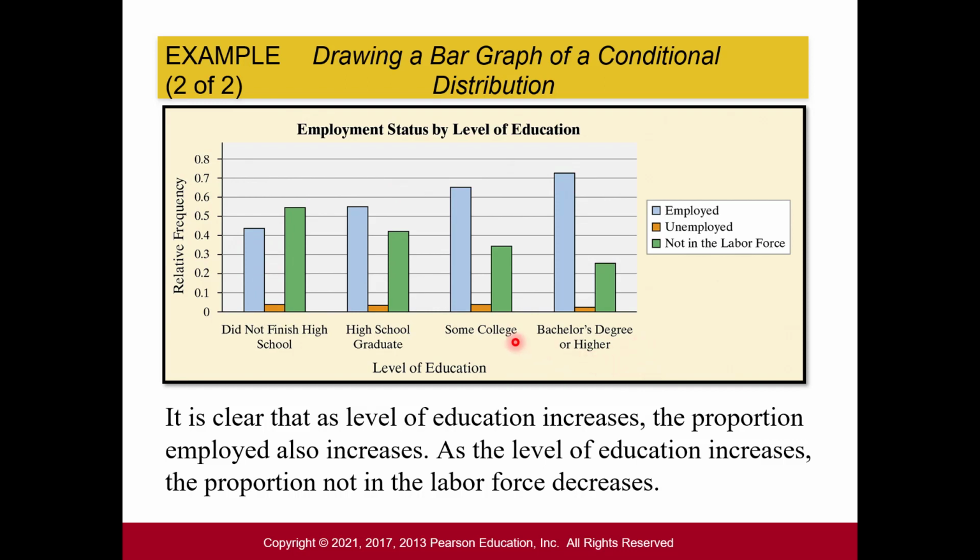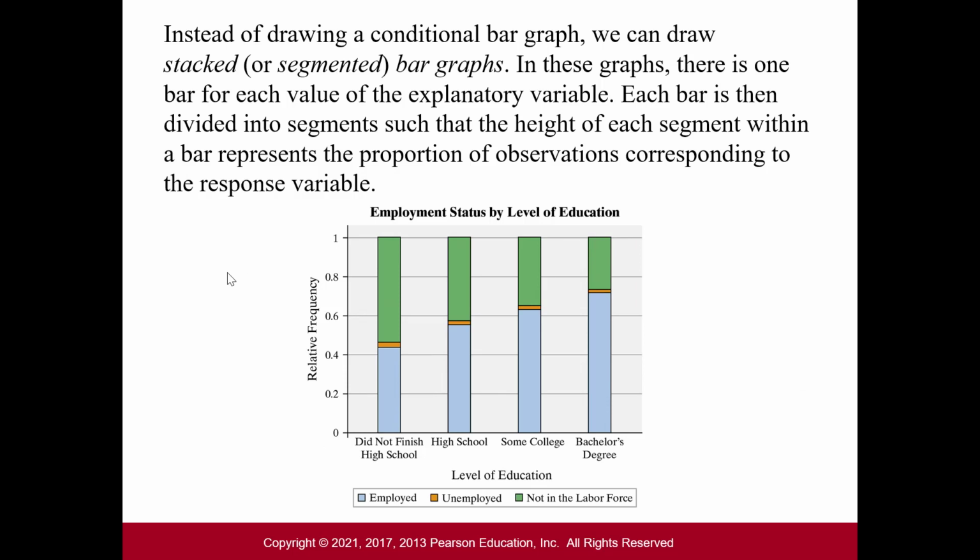And similarly, but the opposite, for not in the labor force, notice the green bar height is decreasing as the education level increases. It's a little hard to tell with unemployed because it's such a small bar compared to the rest, but notice it is actually getting shorter as we go over here.